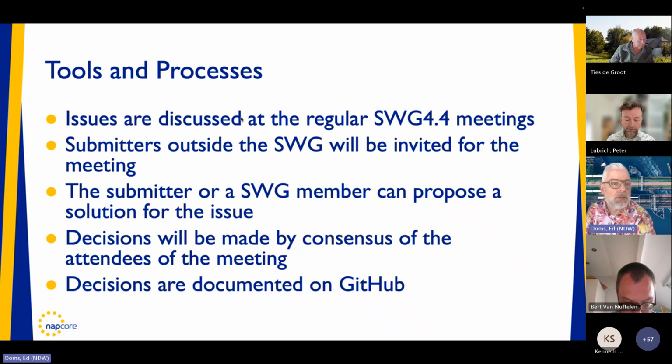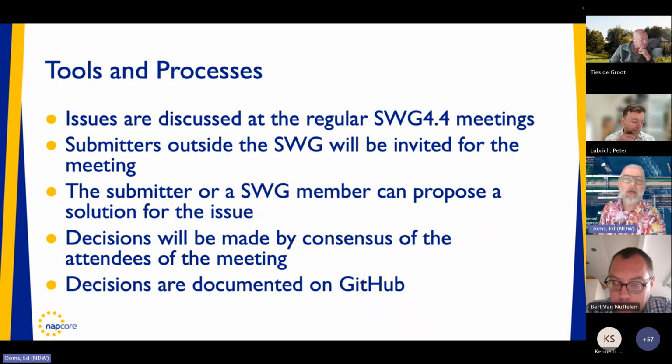Then the decision about the issue will be made by the attendees of the meeting, by consensus. Decisions are documented on GitHub, so you can follow the whole story of the issue from start to decision.